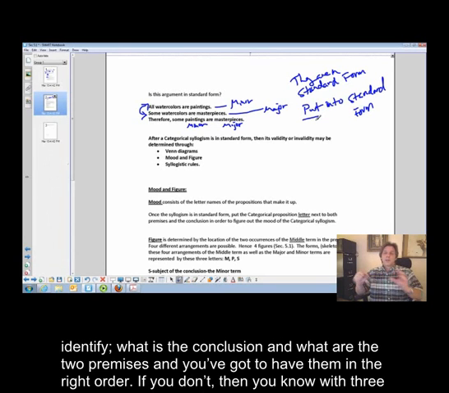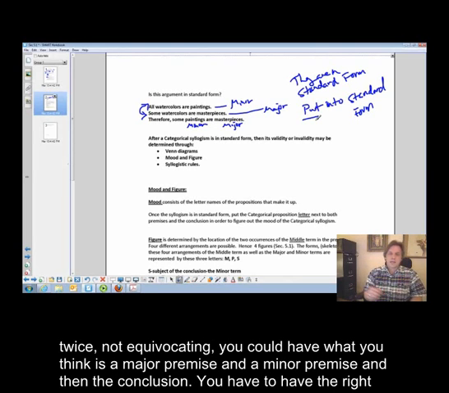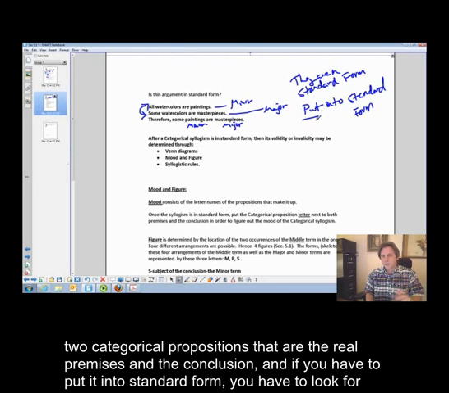If you don't, then with three terms each appearing twice, you can rearrange and have those categorical propositions in any combination. You could have what you think is a major premise and a minor premise and then the conclusion, but you have to have the right two categorical propositions that are the real premises and the conclusion.